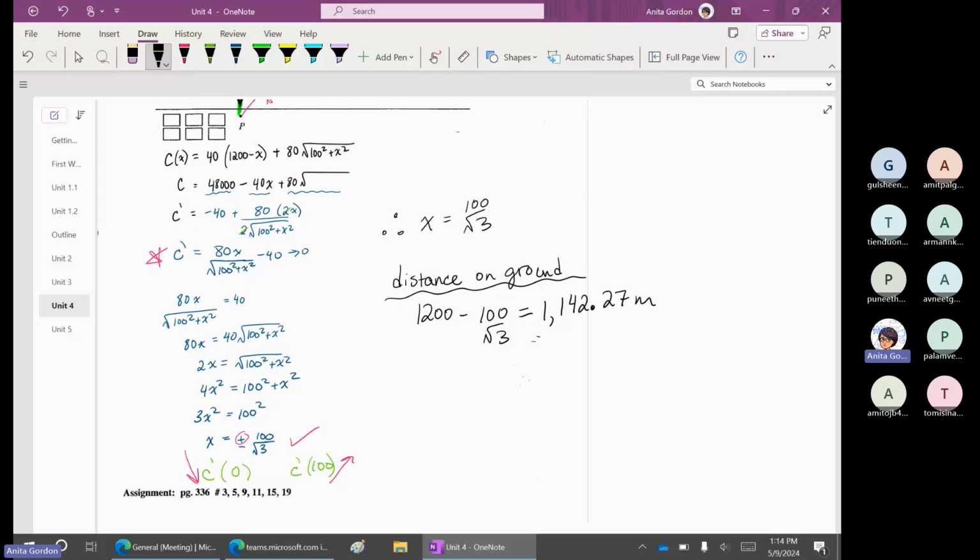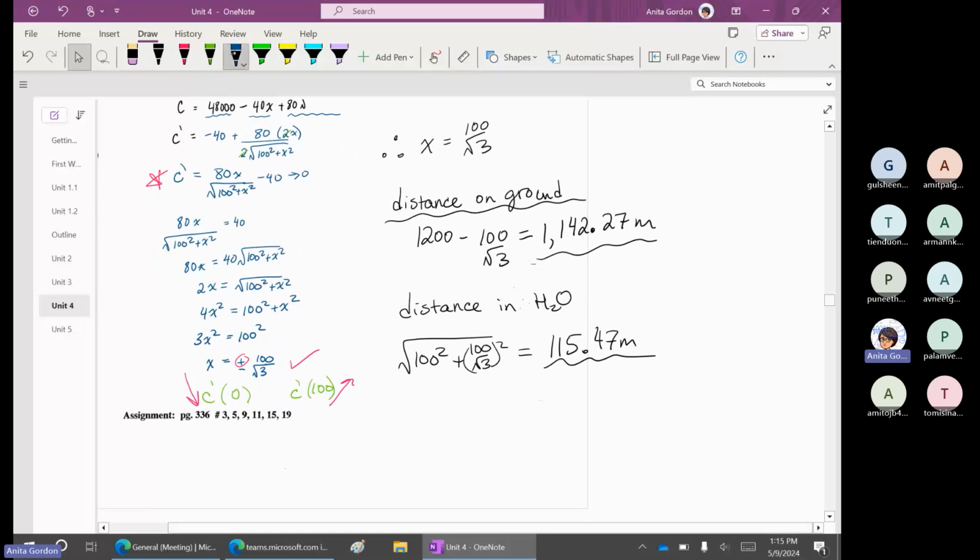So that is the distance on the ground. And then distance in water, or H2O, is going to be the square root of 100 squared plus 100 over root 3 all squared. And this ends up being 115.47 meters. So if they use these distances, then that will minimize the cost.